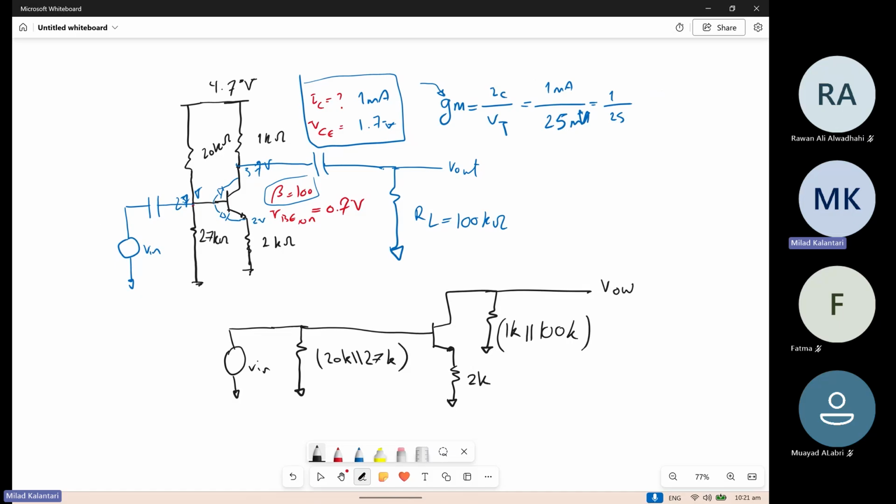Where is the V out? I simplified it a little bit. Right, this is the IC.